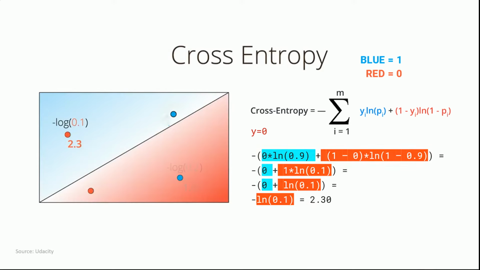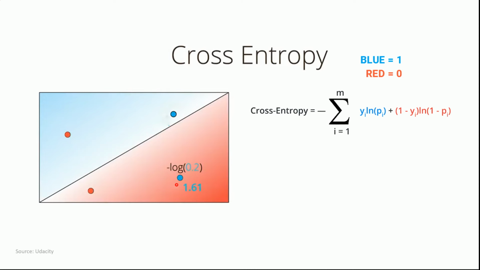Now, let's look finally at a blue point in the red area. Now, here we have a very low confidence. I mean, we know that it is 20% likely to be blue because we think it's red actually based on our model, right?